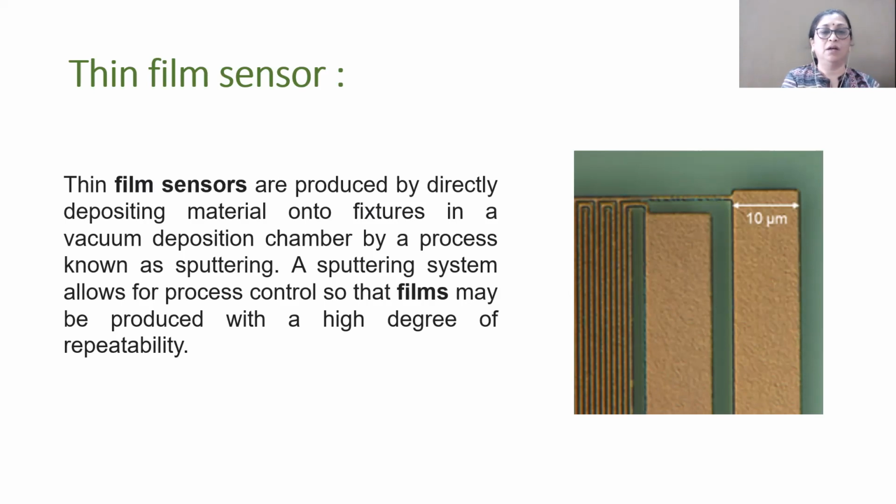Generally the vacuum deposition technique is used for this, and it is called sputtering. So this process is used to form thin films, and they provide a high degree of repeatability of their production. So such type of sensors are called thin film sensors.